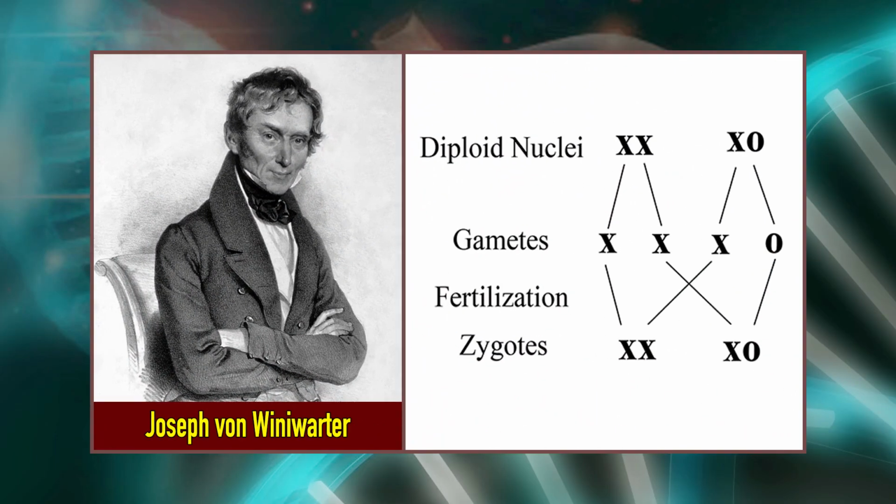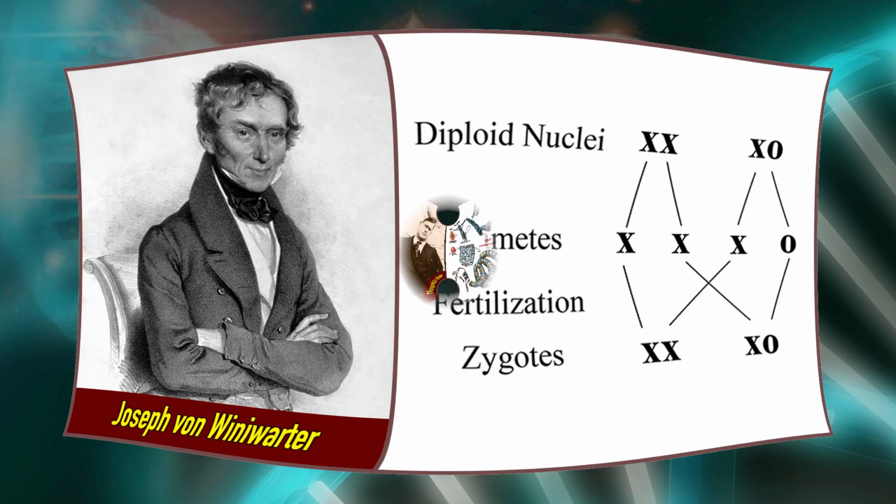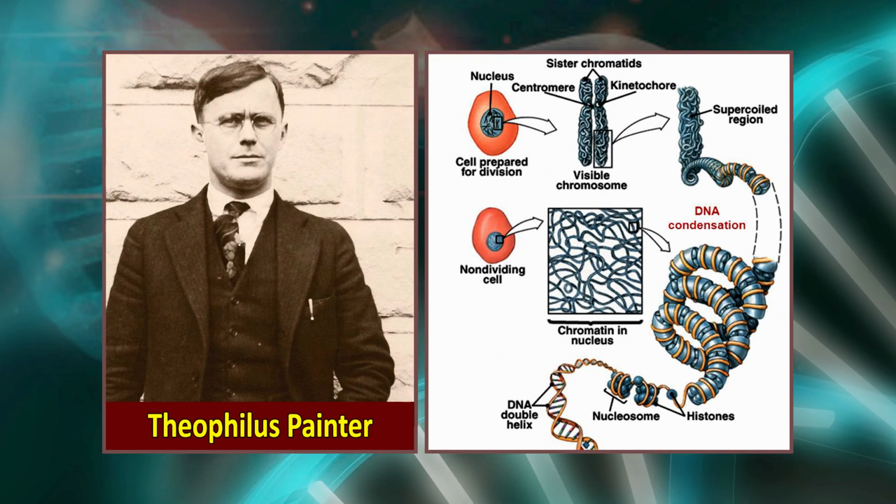Winiwarter in 1912 reported 47 chromosomes in sperm and 48 in egg, concluding an XX and XO sex determination mechanism. Later on, Painter in 1922 revised his opinion to 48 from 46 and correctly insisted that humans have an XX-XY system of sex determination.